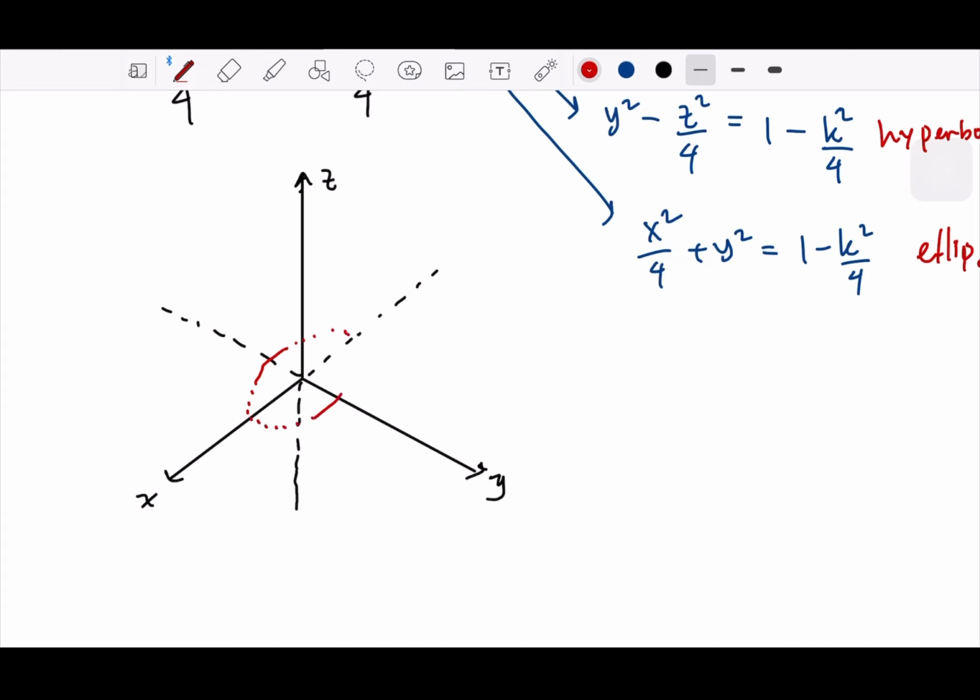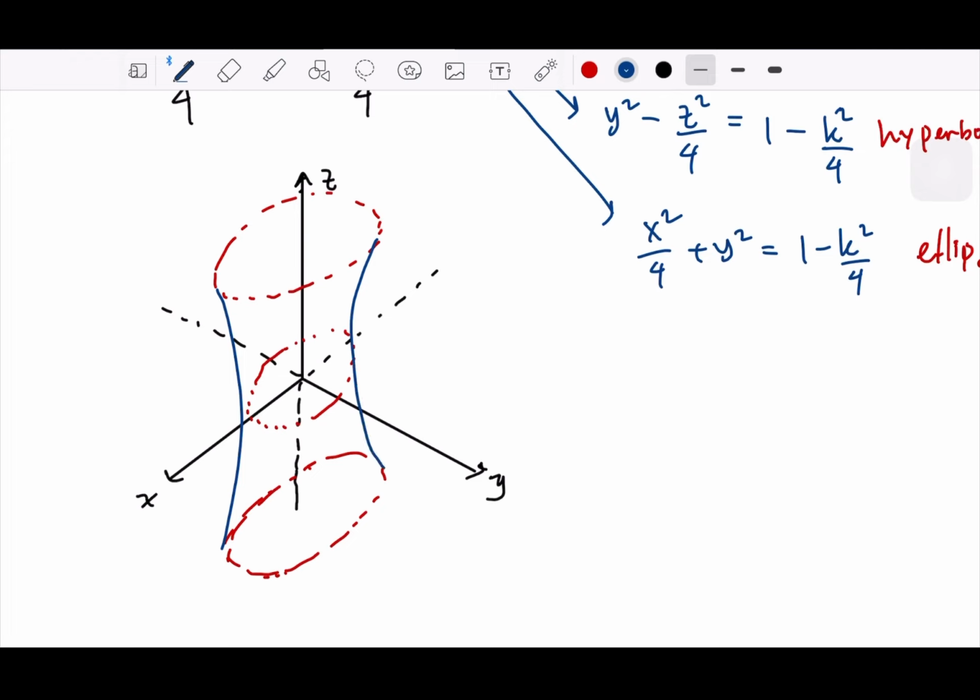I think we can start using the ellipse to make it easier to draw. So drawing the ellipse on each point, and all the hyperbolas will be bounded on the sides of this ellipse.